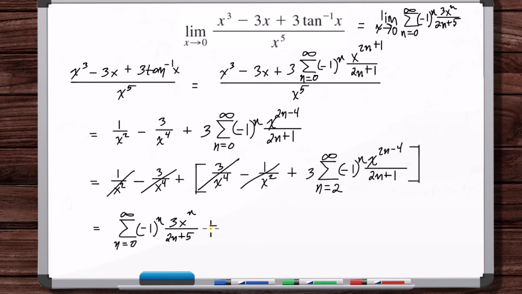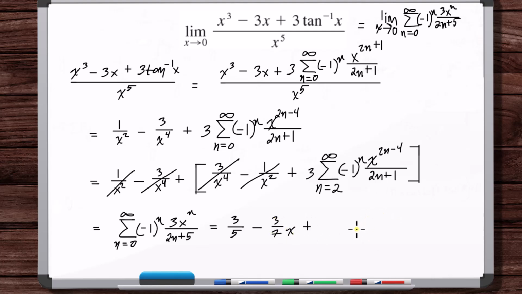Okay, now let's see. When n is equal to 0, what do we have? This is positive. x to the 0 is 1. We have 3/5. When n is equal to 1, it's a minus, you have 3 over 7x.